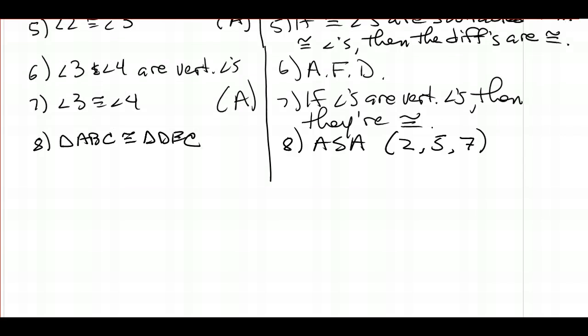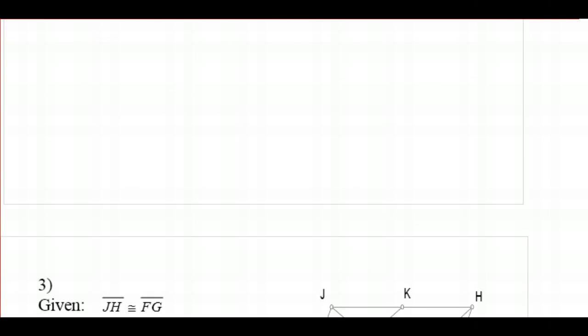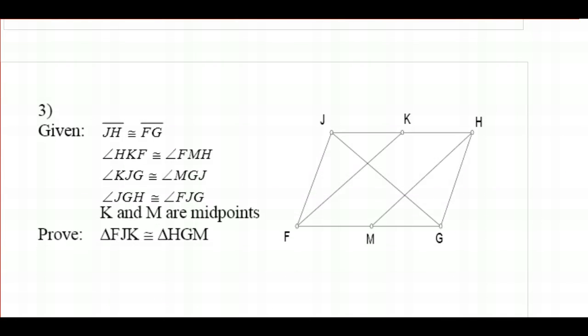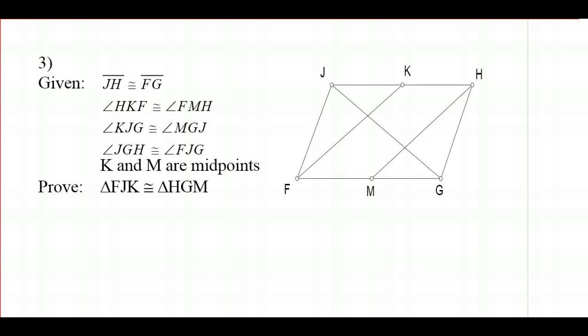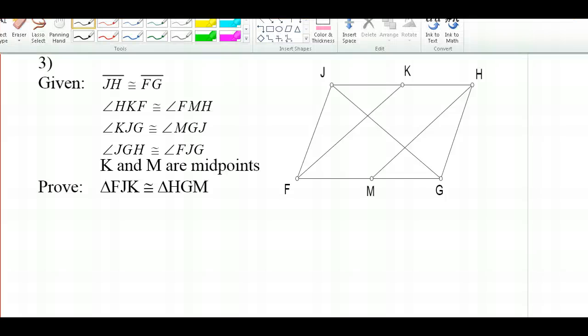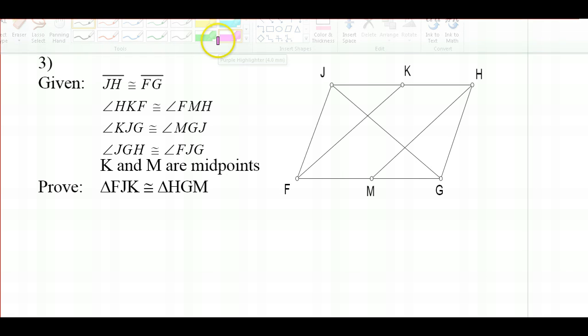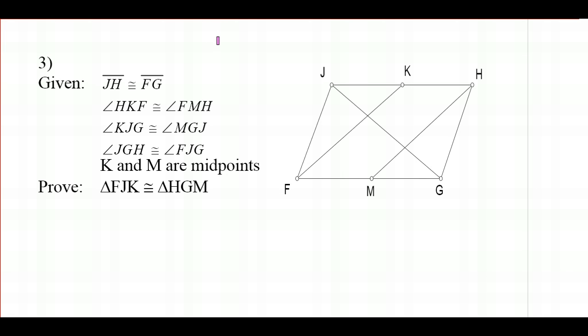Moving on to the third example. Remember, just pause and rewind as needed. Alright, so let's see. The 2 triangles that I want to get congruent are FJK and HGM.